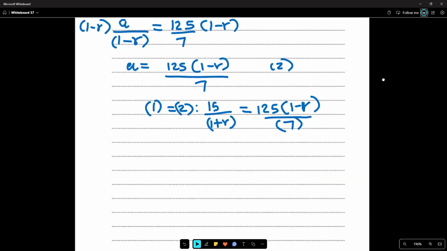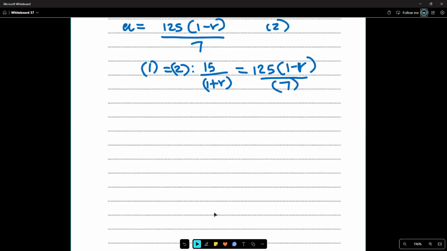So to cross multiply, we're going to say 7 times 15. 7 times 15, it's 105. So let's see, 105 is equal to 125.